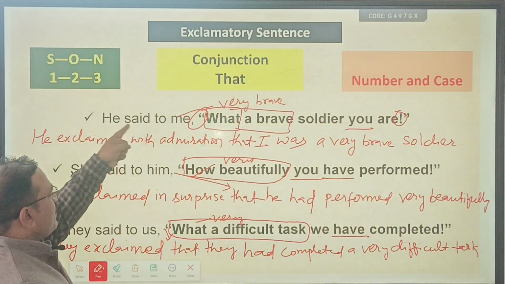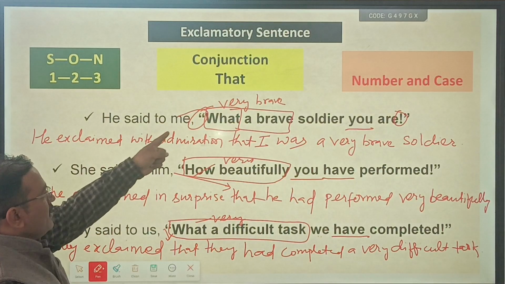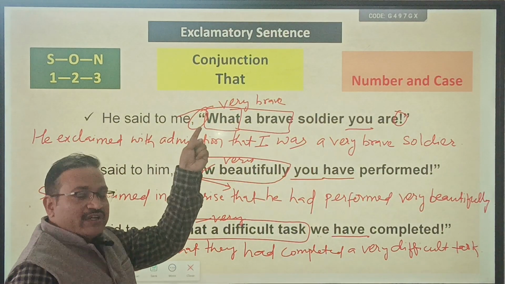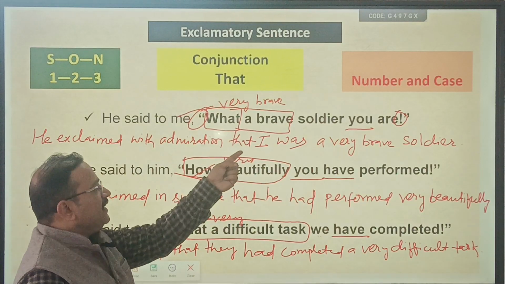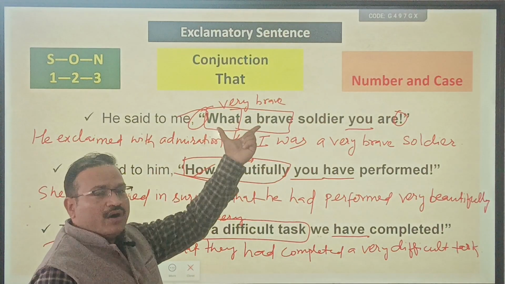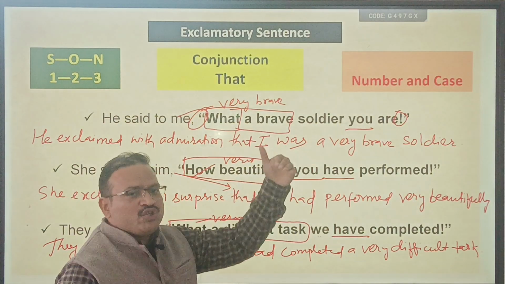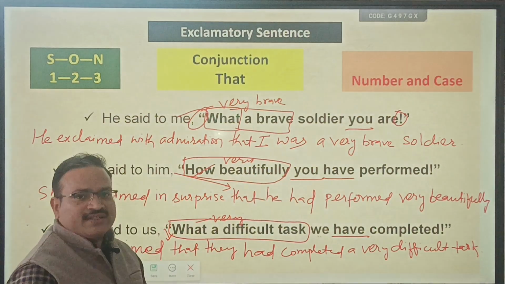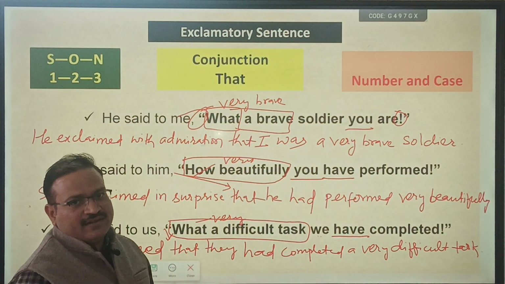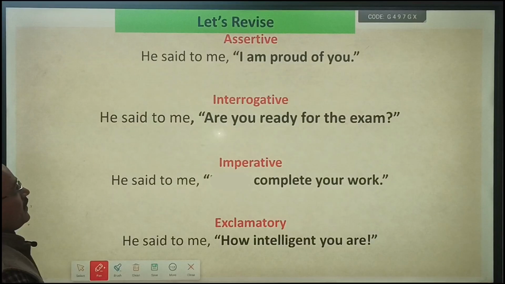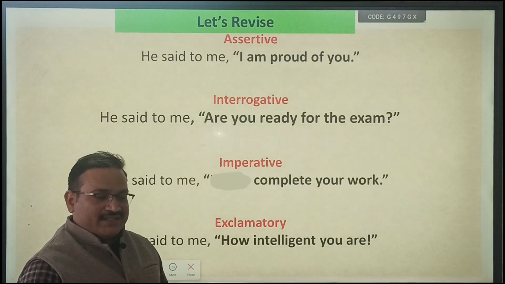First is the reporting verb will change into exclamation. Then inverted comma will change into that. What, how, this expression will change into very, and then simply you change the persons and change the tenses. As simple as that. Let us revise.